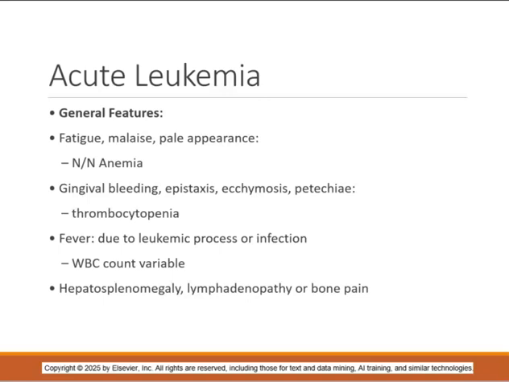Sometimes they'll have a fever, which can be due to the leukemic process or an infection. The white counts can do everything, from nothing to extremely high. I've seen as high as 2 million and as low as can't find them. They also have hepatosplenomegaly and lymphadenopathy, and sometimes bone pain. The liver and spleen are enlarged and the lymph glands are enlarged. That depends on what type of leukemia we're talking about too.